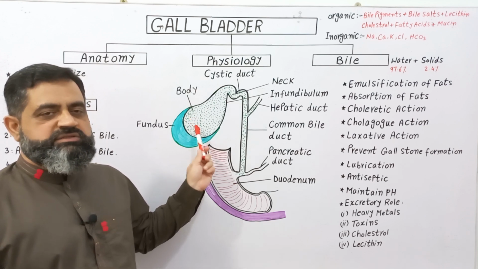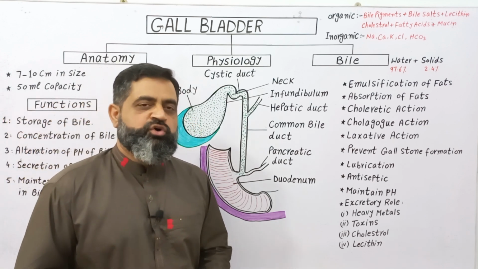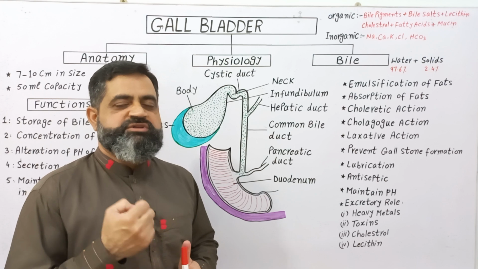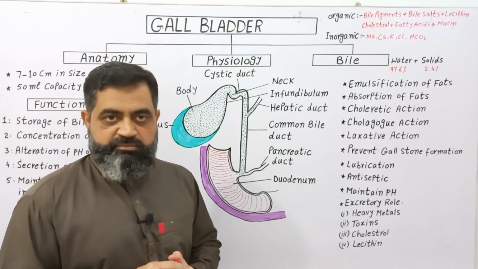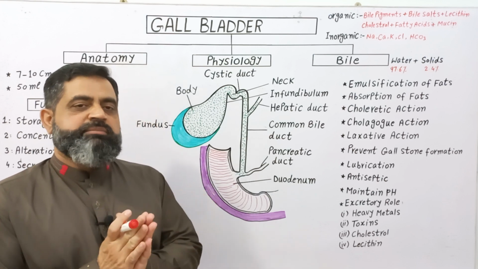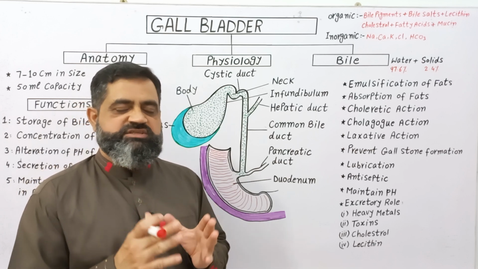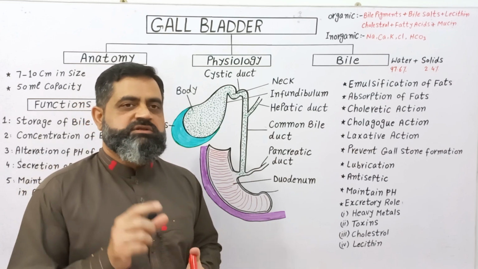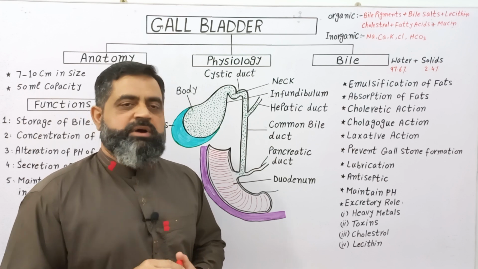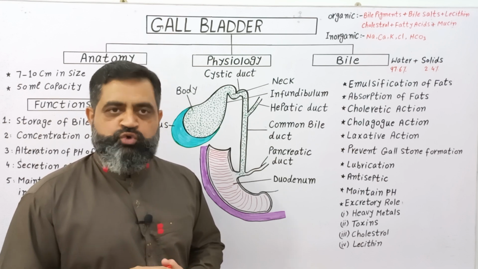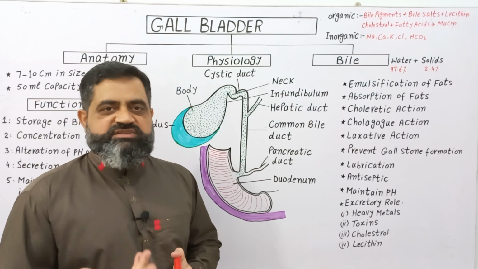When bile is concentrated or bile salts are produced in very little amount, then the bile starts concentrating and forming crystals inside the gallbladder. These crystals join to form particles, which are then converted into stones, which can be of different sizes.